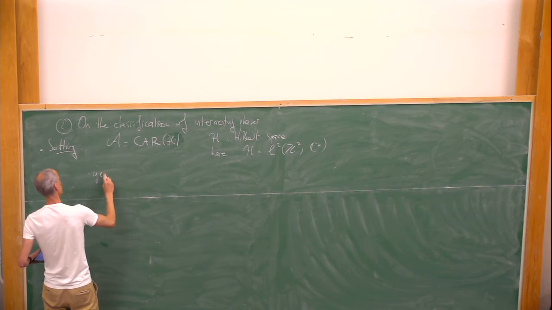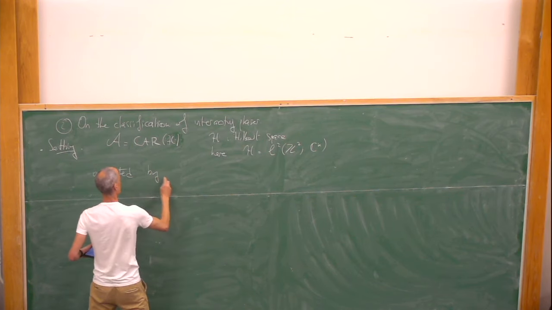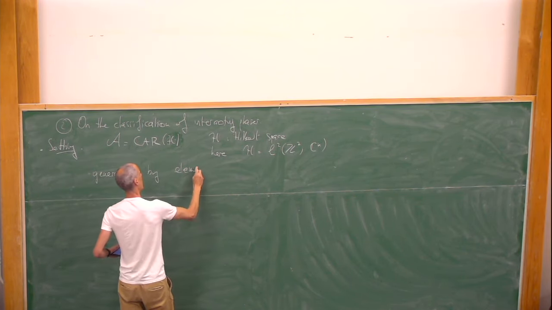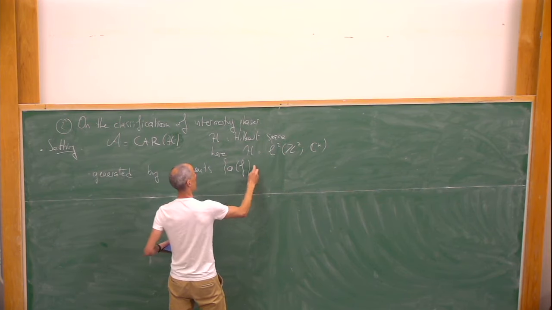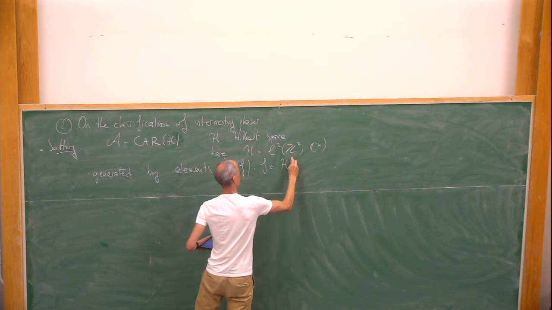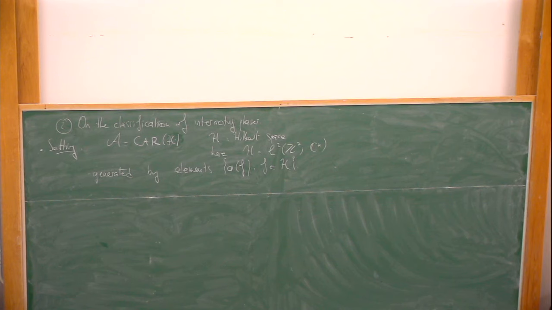Well, it's a C-star algebra generated by elements denoted A of F, where F is an element of the Hilbert space H. These things are called annihilation operators.